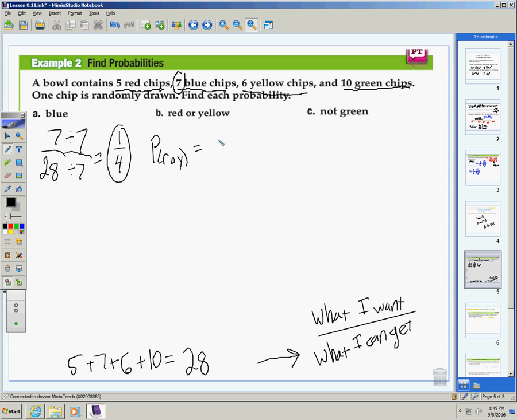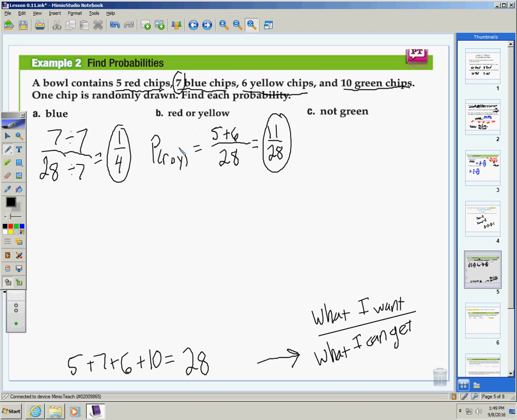Now, what's the probability of red or yellow? This means I can have either one. Well, there are 5 red ones, 6 yellow ones. So I'd have 5 plus 6. Or I could just say 11 out of 28. And that fraction does not reduce. So what's the probability of getting red or yellow? 11 out of 28.